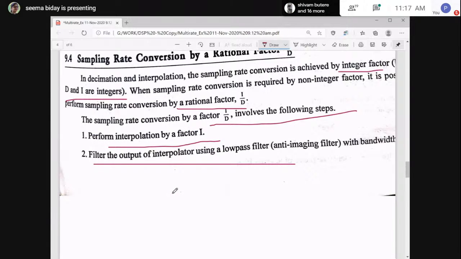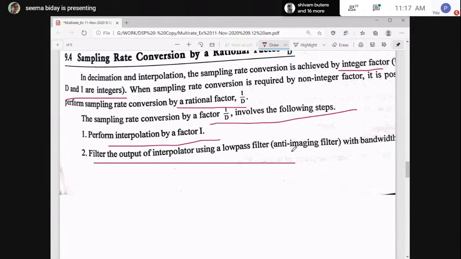Filter the output of the interpolator using a low pass filter, the anti-imaging filter, with a bandwidth of pi by I. Write down pi divided by I. Why do you need this filter? To avoid the multiple images, you use this filter with the interpolator, right?